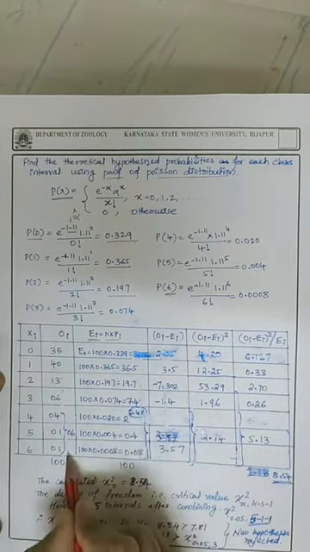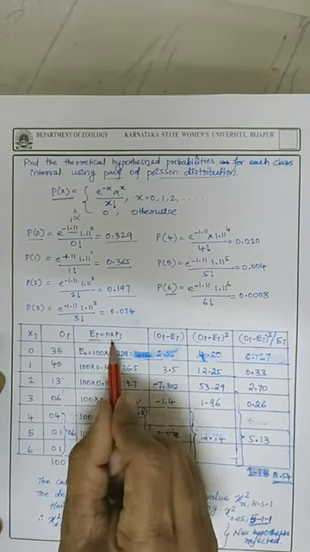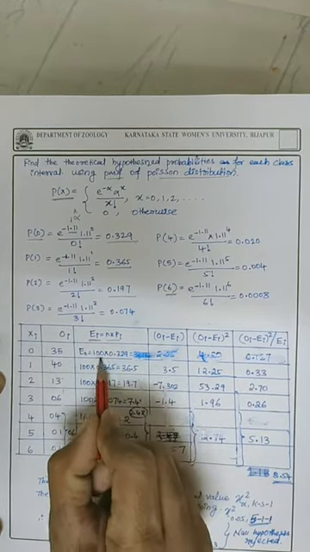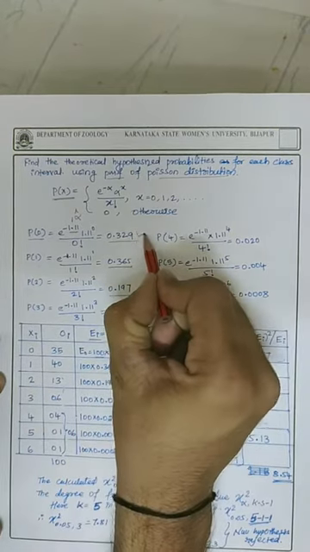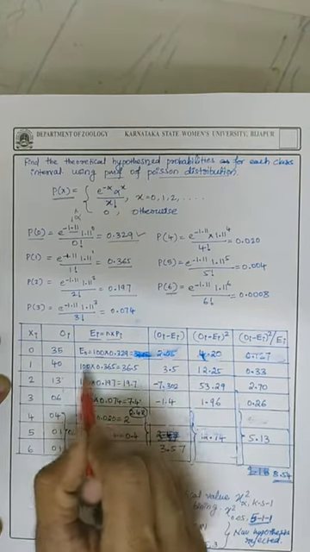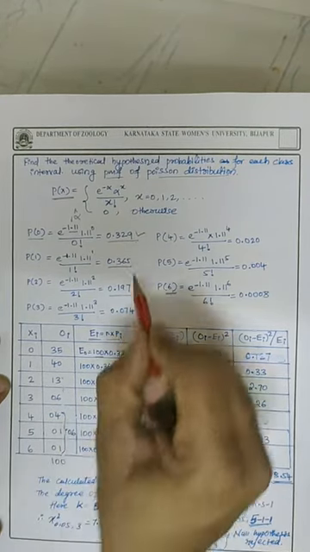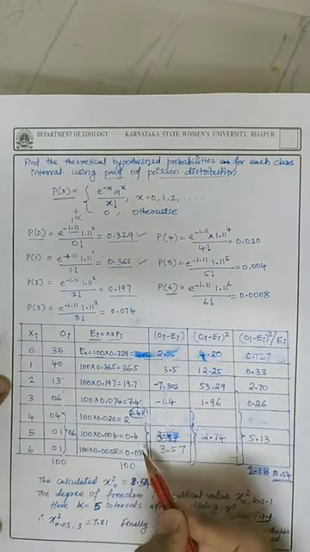Next, ei is n into pi: 100 into 0.329 for the first value, and the next value is computed as 100 into 0.365, and so on the expected values are computed.